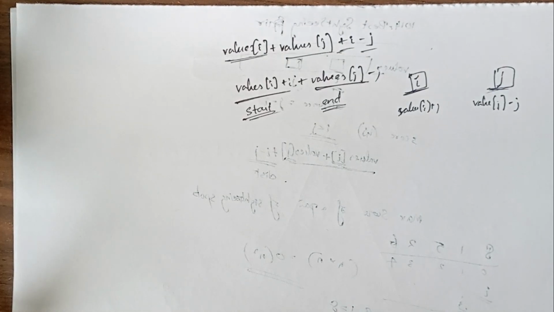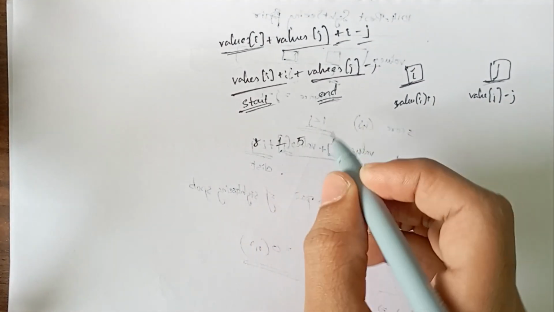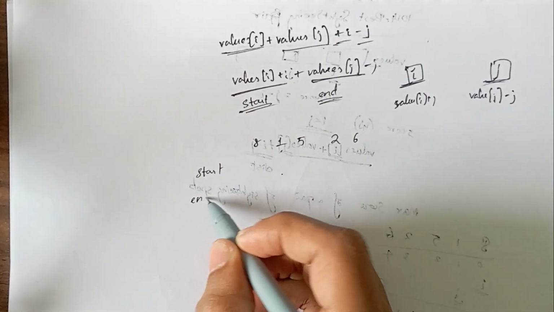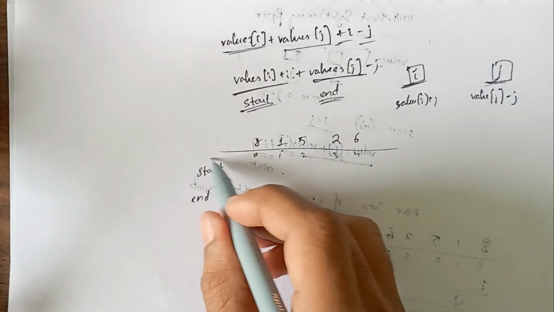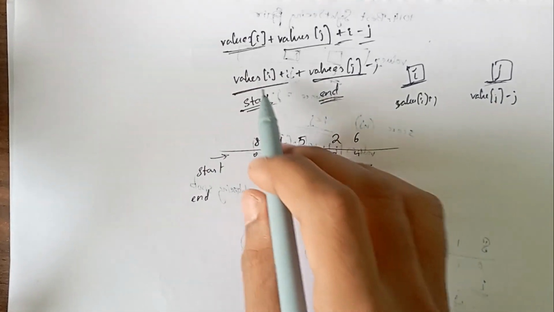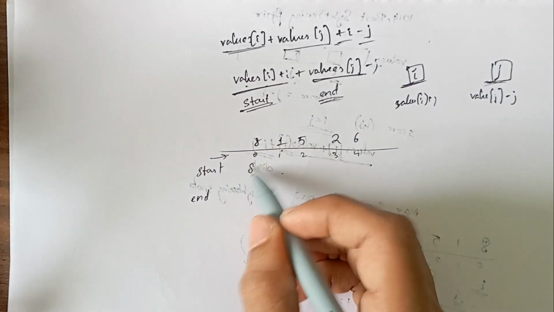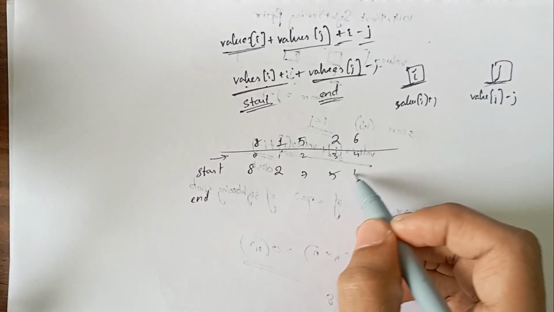So let me go through the previous example, 8, 1, 5, 2, 6. Consider start and end, with indices 0, 1, 2, 3, 4. Now start of i will be values of i plus i. 8 plus 0 will be 8. 1 plus 1, 2. 5 plus 2, 7. 2 plus 3, 5. 6 plus 4, 10.